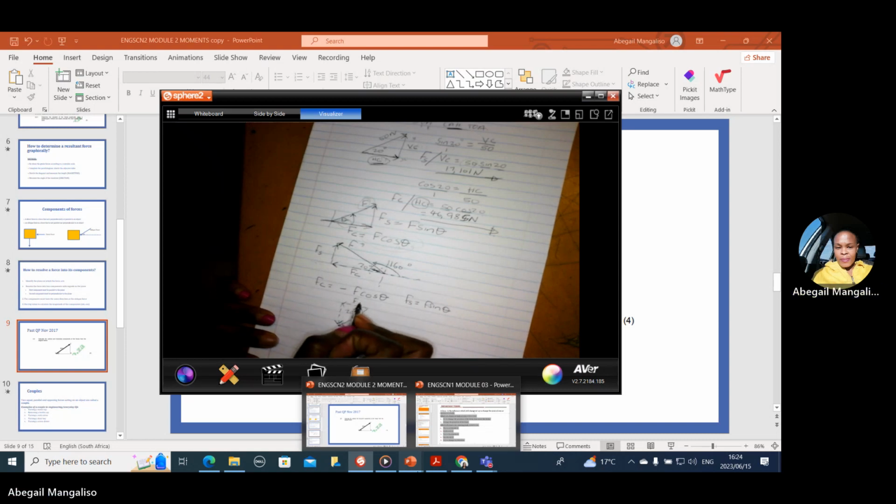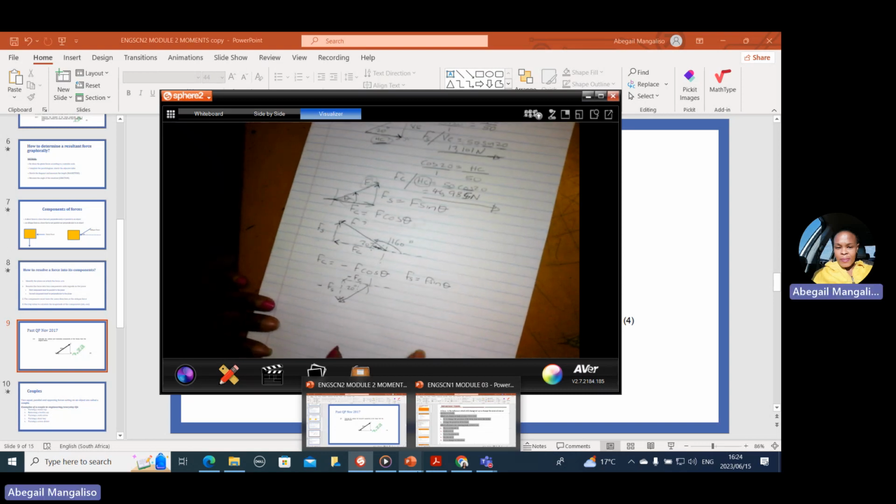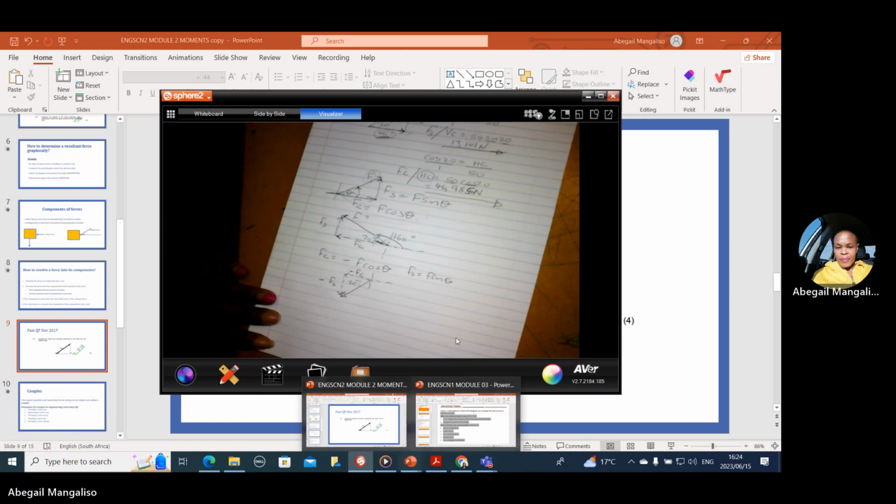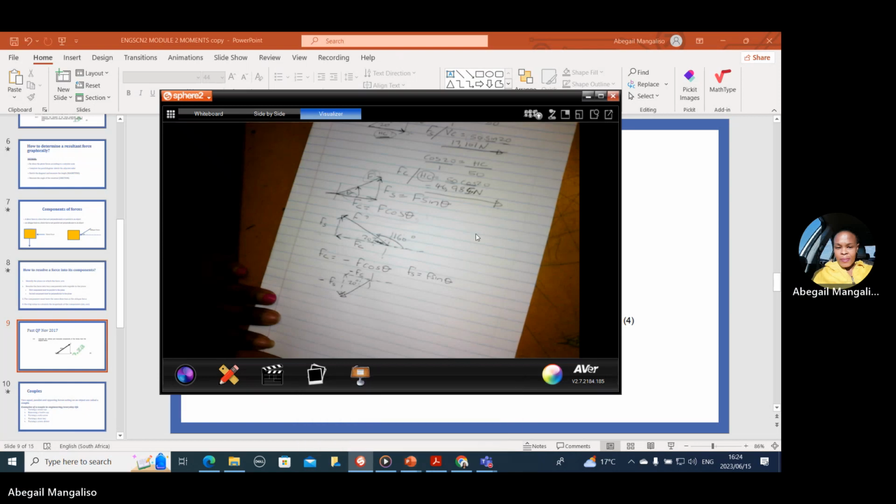X and Y are both negative, so Fc will be negative as well as Fs will be negative. If the force lies on the fourth quadrant, you're given a force like this.